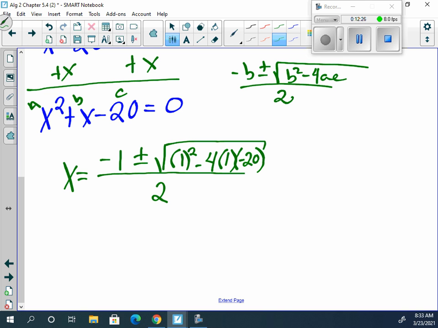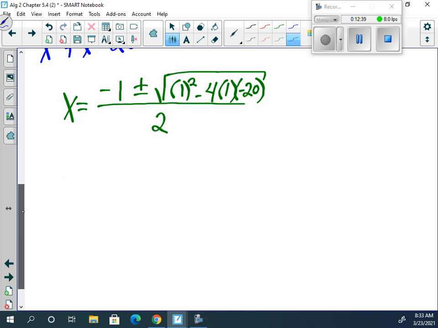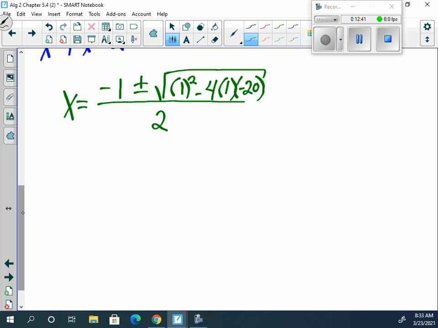And again, I'll write it up here, just so we have it. We plugged in for a, b, and c, and we get this here. Now, we can simplify what's inside the square root first. And when we do that, we'd have x is equal to negative 1 plus or minus the square root over 2. Now, at this point we could plug everything that's inside this radical into a calculator.